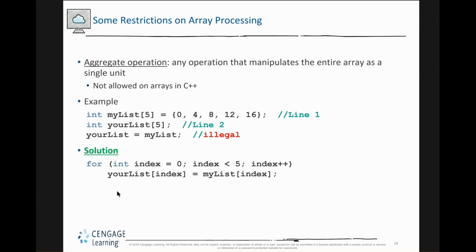And then it goes through the loop again, and now index is 1. So your list 1 equals my list 1. So whatever item is in location 1, which is a 4, would be copied over to your list 1, and it would be a 4, and so on until all the elements would be copied over.